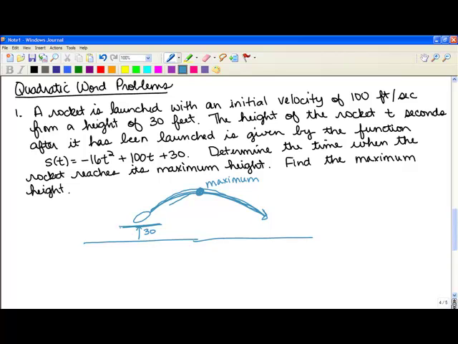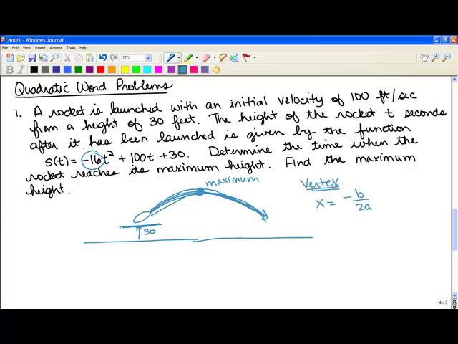Well, if we're talking about a quadratic shape, then we're talking about a vertex. So we need to figure out what the vertex is by the vertex formula. Now to calculate the x value of a vertex, it's negative b divided by 2a. And we'll take a look at our function.